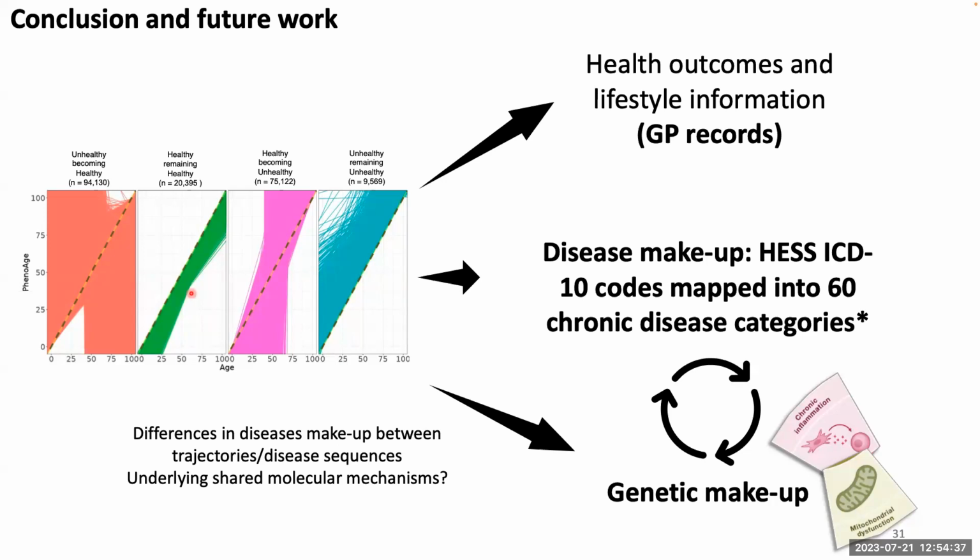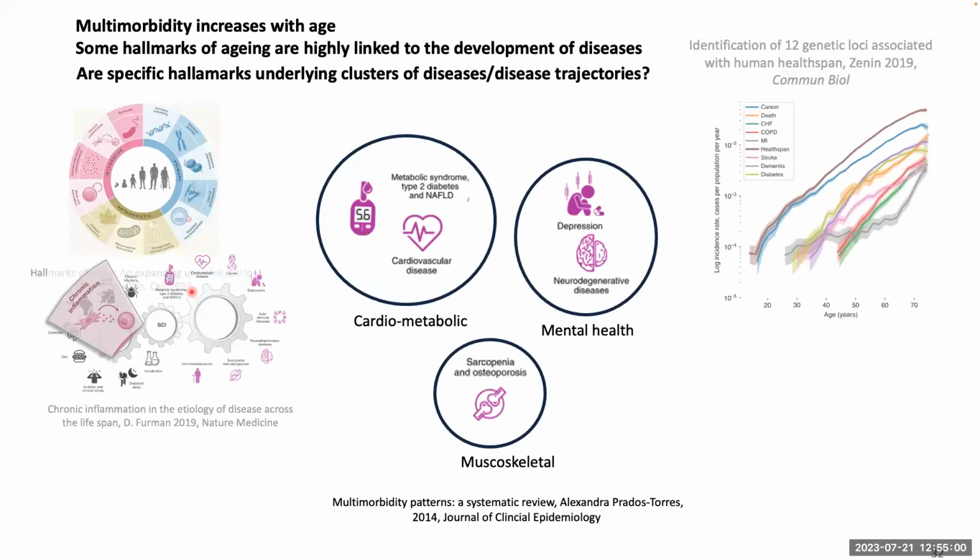So what we would be interested in seeing is how the trajectories of diseases change between the different patterns. If we see specific clusters of diseases found in one of the trajectories more than the other, how can we associate this with genetic makeup? And then, of course, the idea is to see if there are any underlying shared molecular mechanisms between these trajectories and between the development of these diseases.